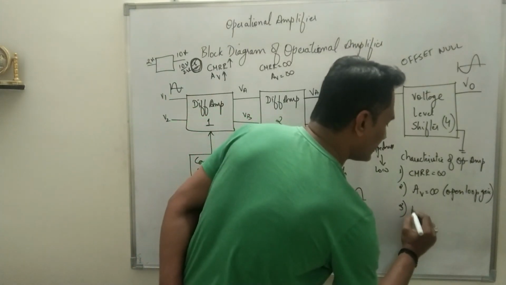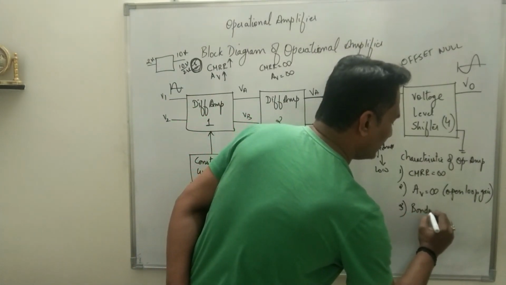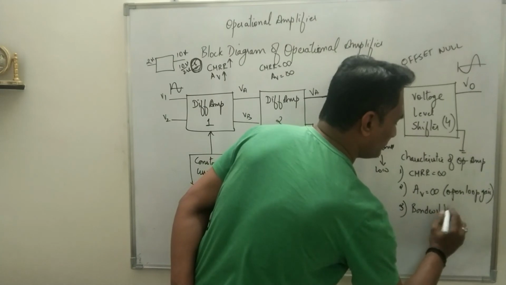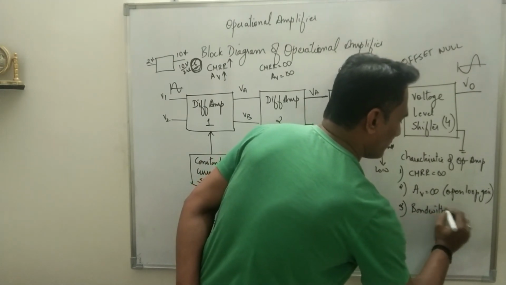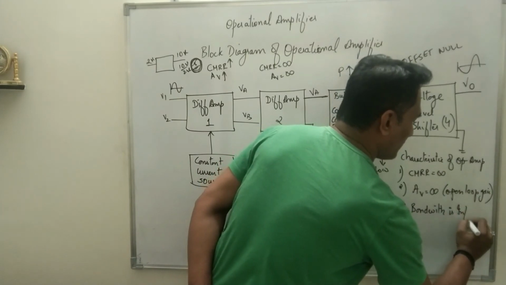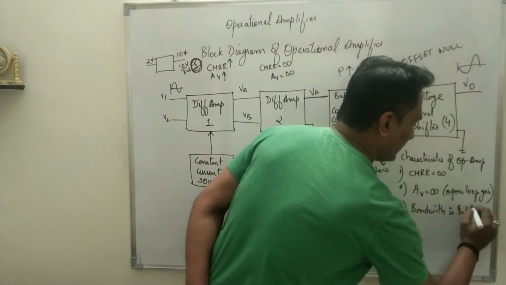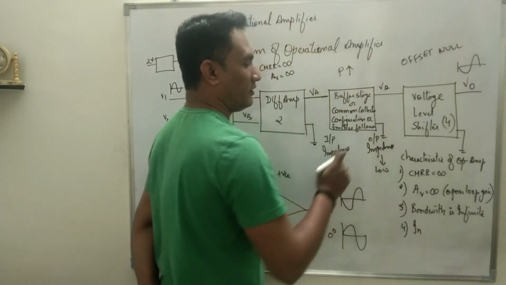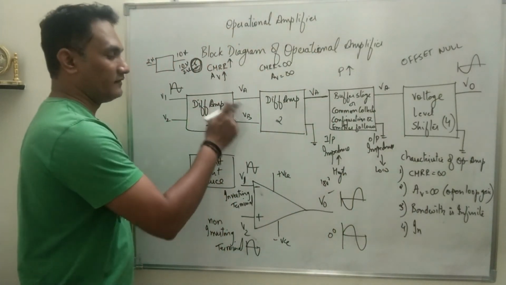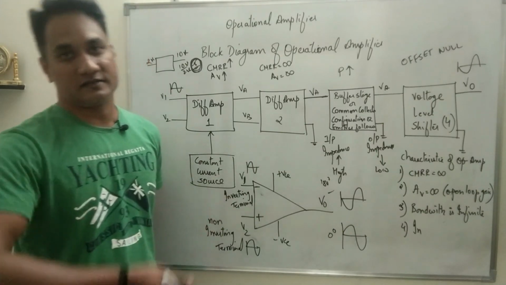Okay, so the third is bandwidth is infinite. Fourth, as we have connected common collector configuration and differential amplifier, all this circuit has high input impedance and low output impedance.